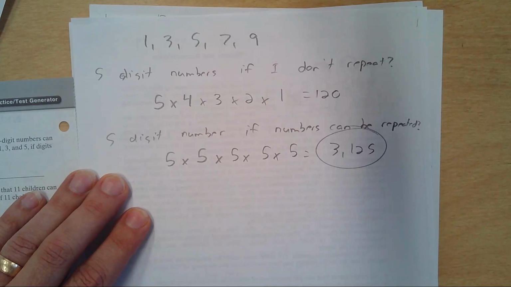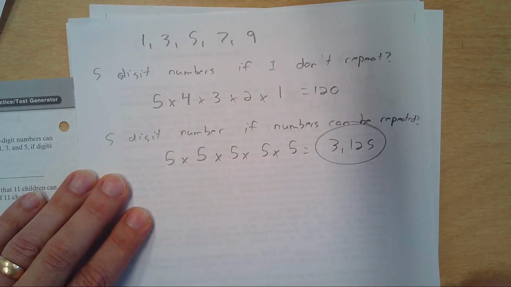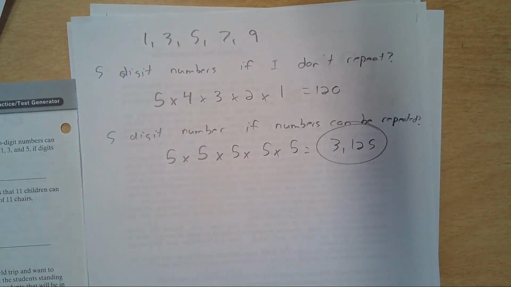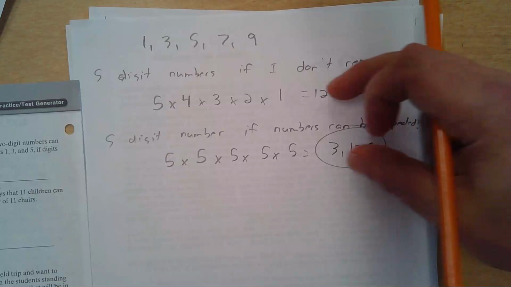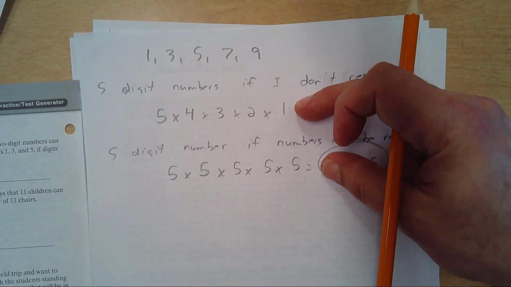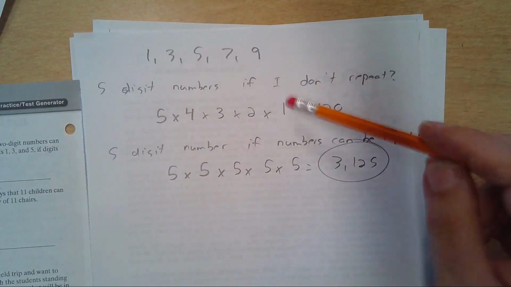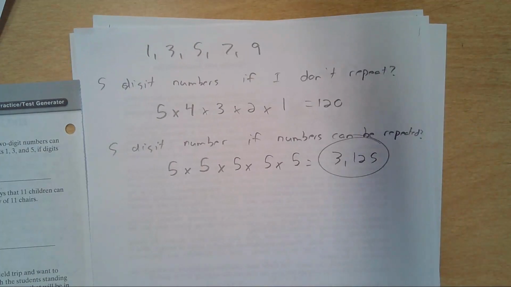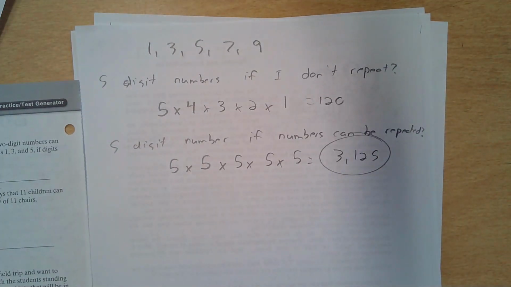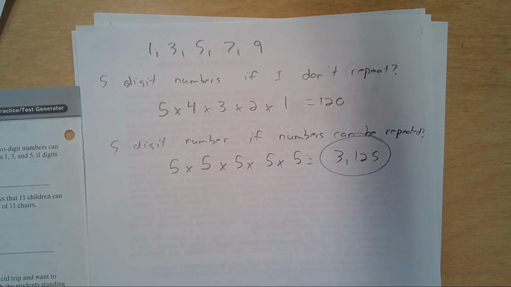I just use the number 1 all 5 times. Or I could have 13513. It doesn't really matter. But all 5 numbers. So you see how that changed with those two? If I don't repeat and if I do repeat, you just consider how many choices do I have first, how many choices do I have second, third, and however long you have to go through the process here, right?